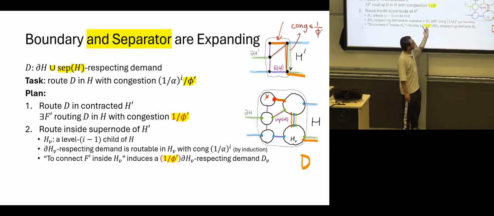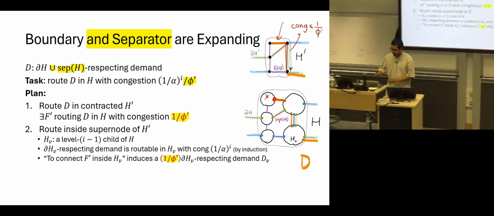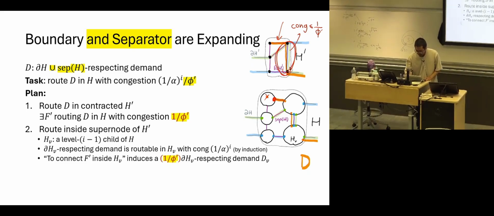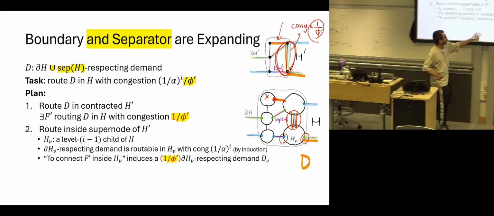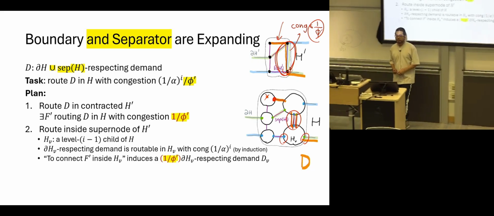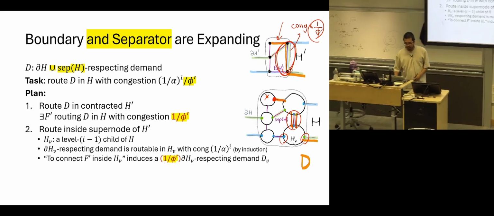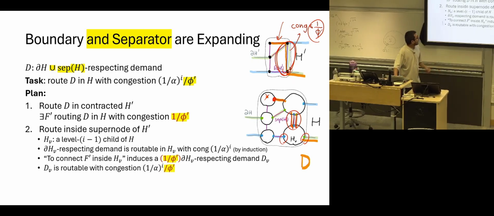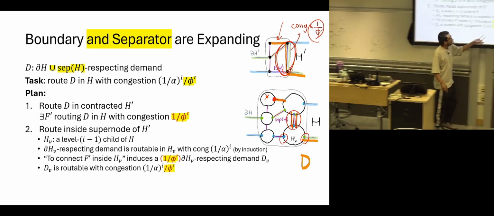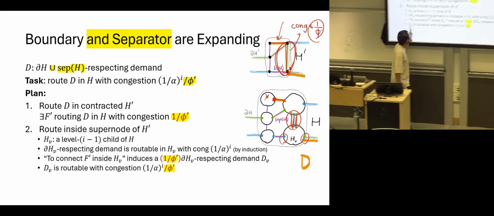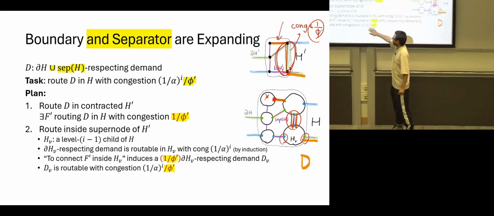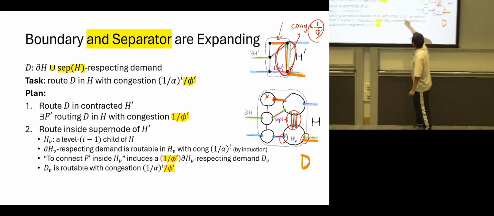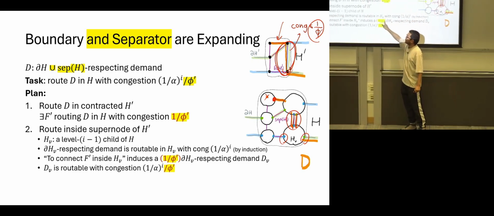Why 1 over phi prime here? Because the congestion here is like 1 over phi prime. So the demand here respects the battery, but only up to this factor. But then it means that you can route this demand inside HV with this congestion, just this thing scaled up by this much.